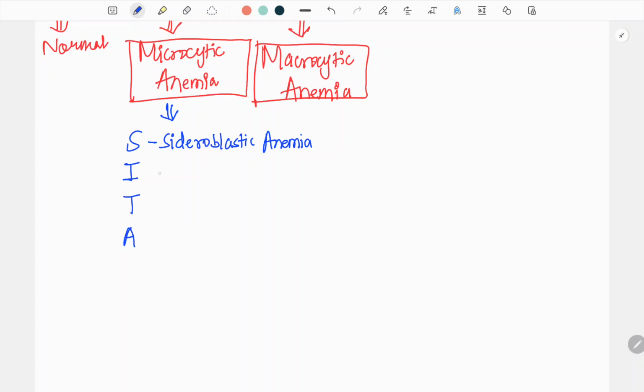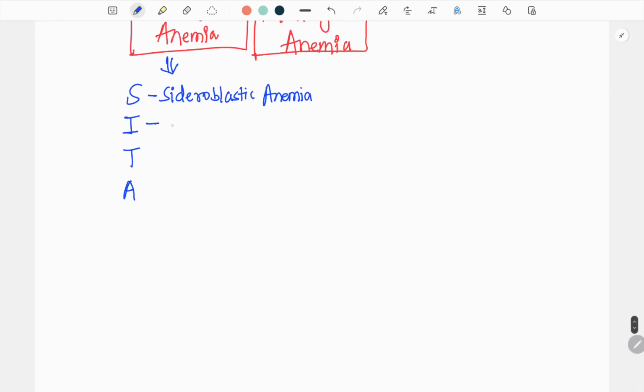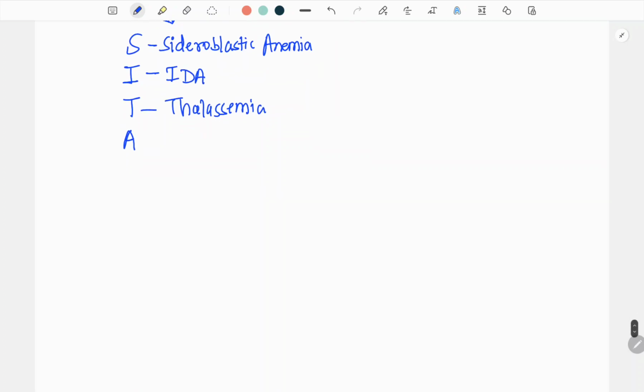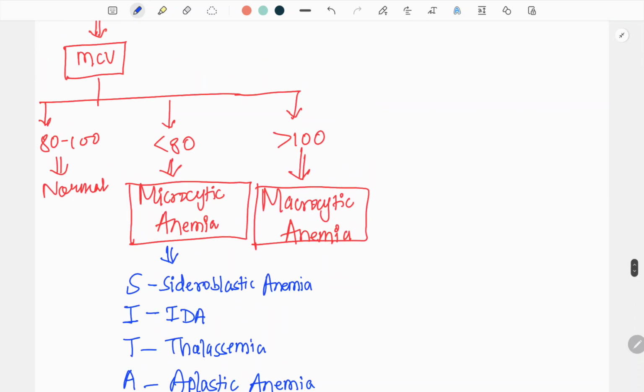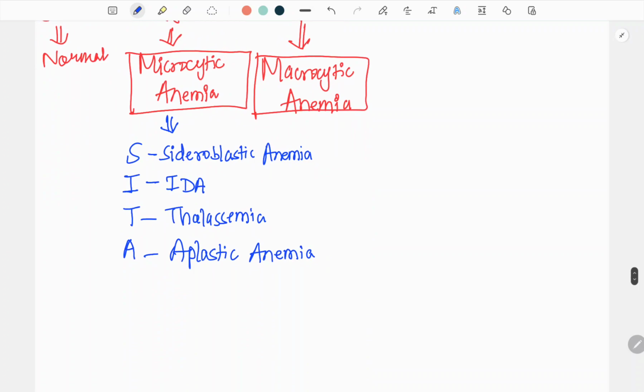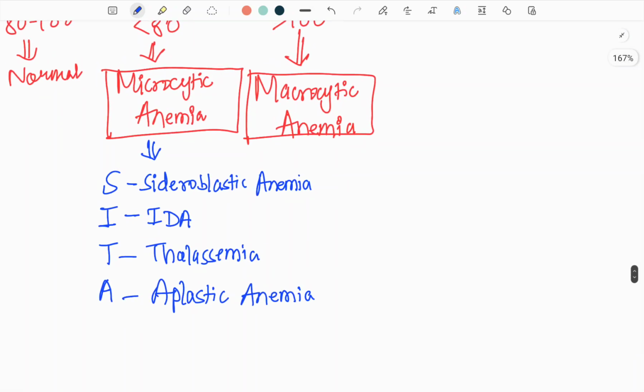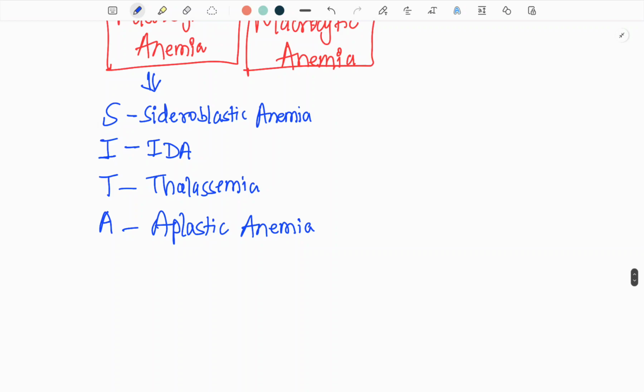So remember, S stands for sideroblastic anemia, I stands for iron deficiency anemia, T stands for thalassemia, very important, these two anemias, and A stands for aplastic anemia. We'll discuss each when we discuss the anemia topic per se. Fine. In microcytic anemia you'll have SITA.